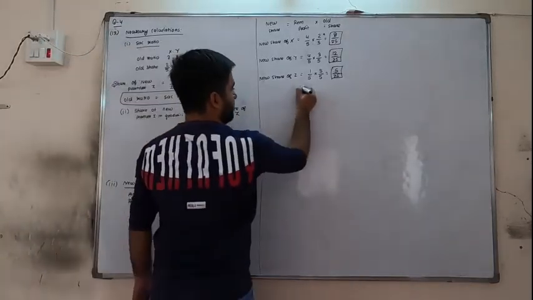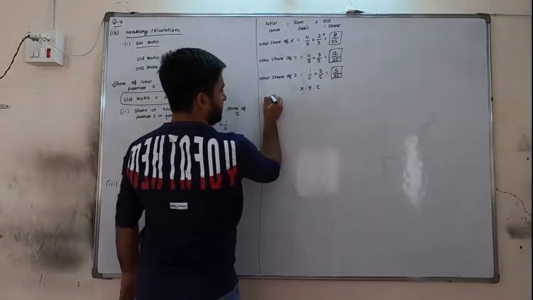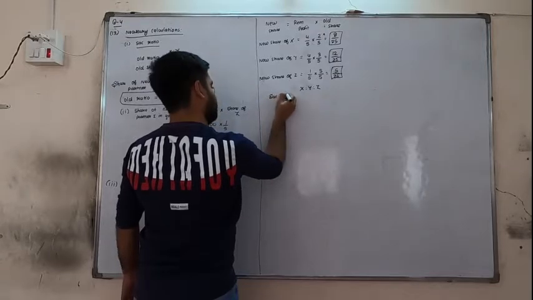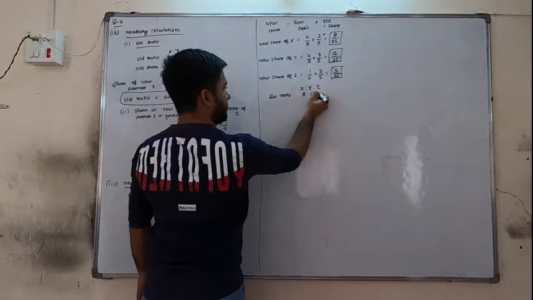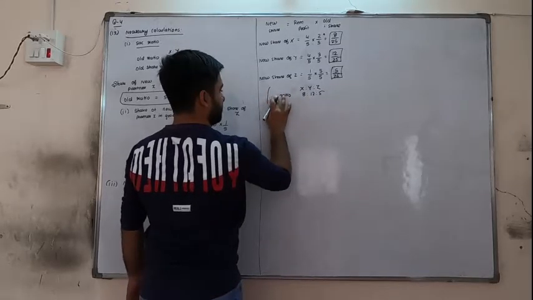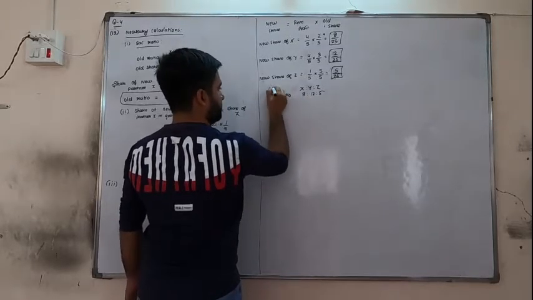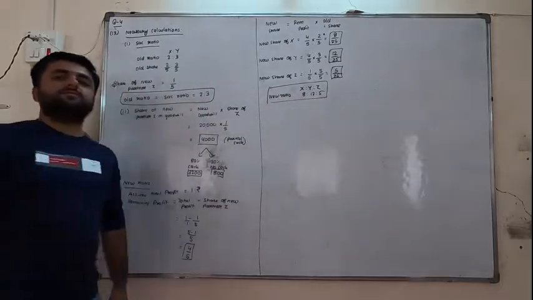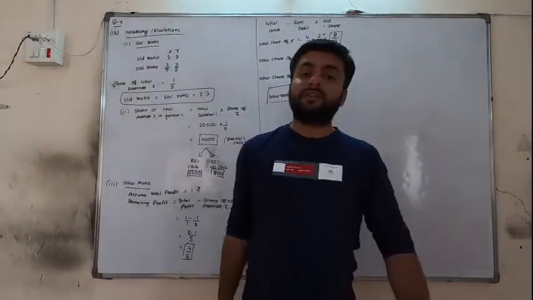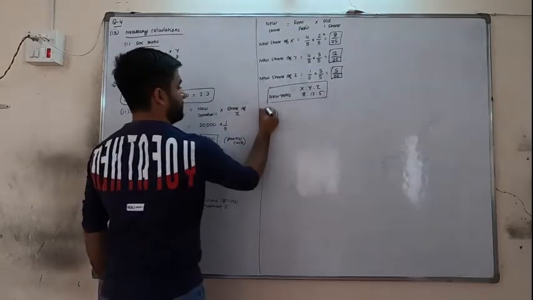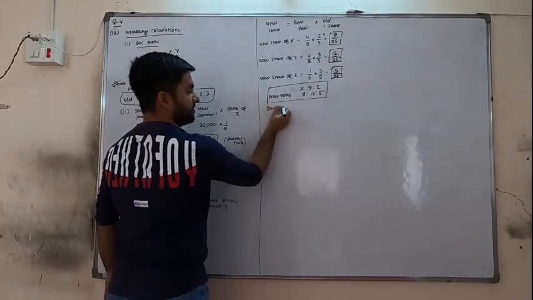So friends, X is to Y is to Z, new ratio is 8 is to 12 is to 5. We require this new ratio for giving the last profit to the partners. Okay, now we will go for journal.